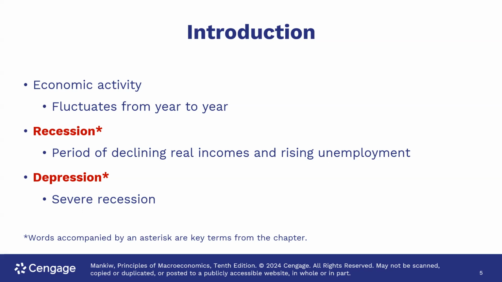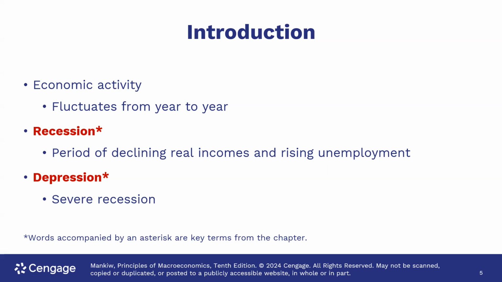So a recession is a period of declining real incomes and rising unemployment. You can consider a recession as a period of time that the entire economy shrinks and becomes smaller. The total production becomes smaller. People's income becomes smaller, and then a lot of people get laid off because the size of the economic activity becomes smaller.